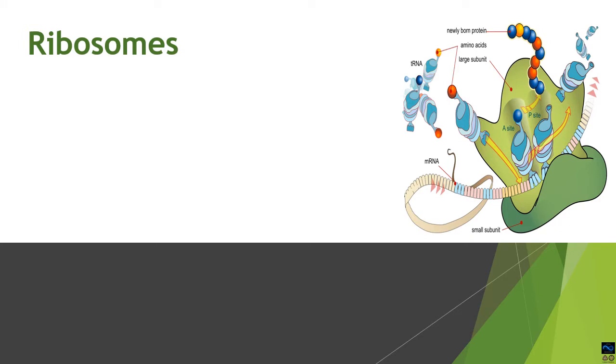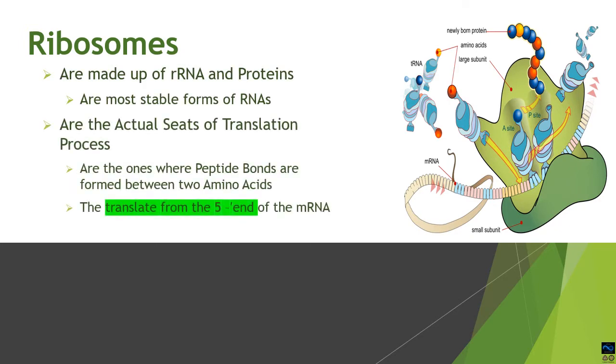Ribosomes in their chemical structure are formed of proteins together with a special RNA called rRNA, R for ribosomal. They make up the most stable forms of RNA out of the 11 known forms of RNAs in nature. They are the actual sites where the translation process takes place.